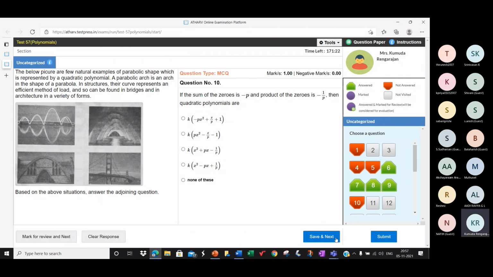So which is the option? Option C, ma'am. All of you agree with that? Option D, ma'am.